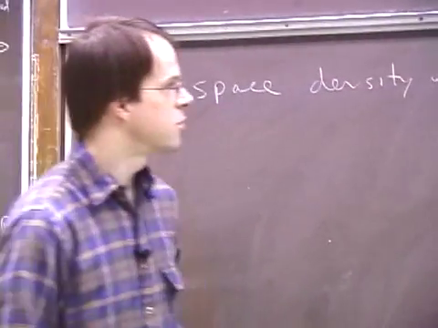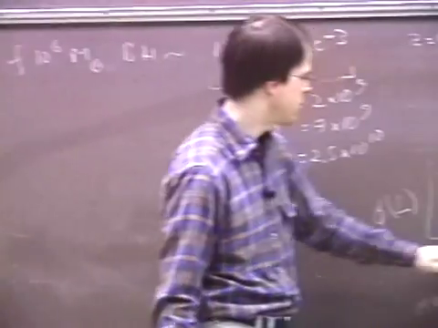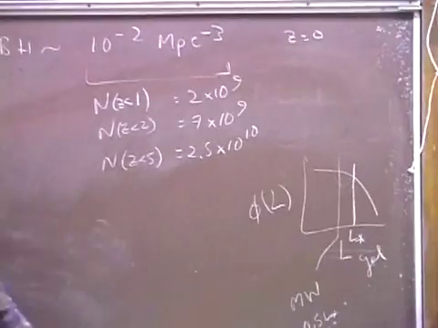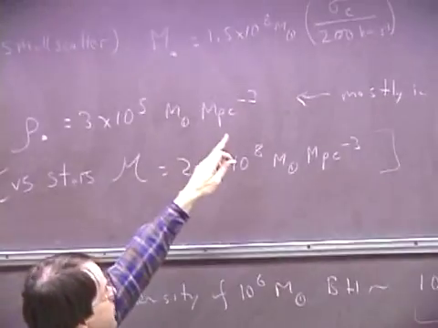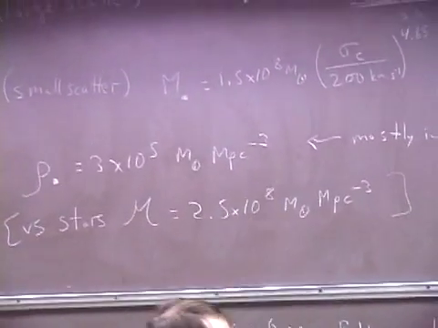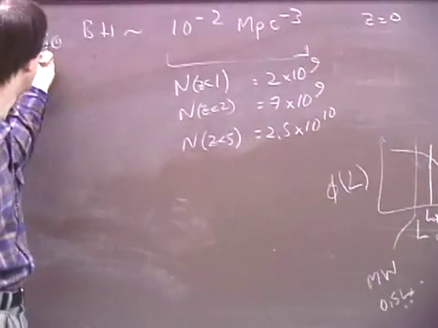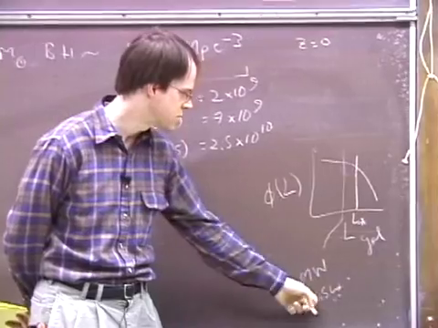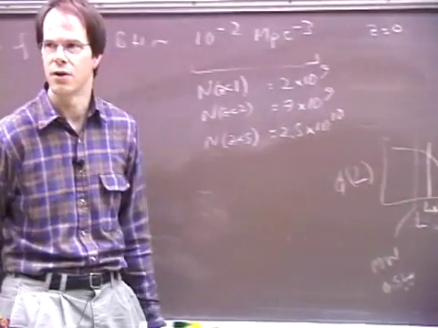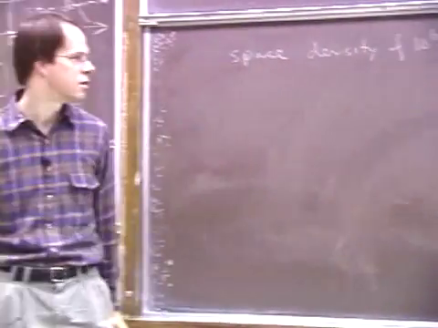So if you ask today, remember the Milky Way, by this correlation, has a black hole of 10 to the 6 solar masses. So the galaxies that we're interested in, having black holes more than about 10 to the 6 solar masses, are galaxies that are brighter than about a third of L star. So galaxies like the Milky Way and brighter.